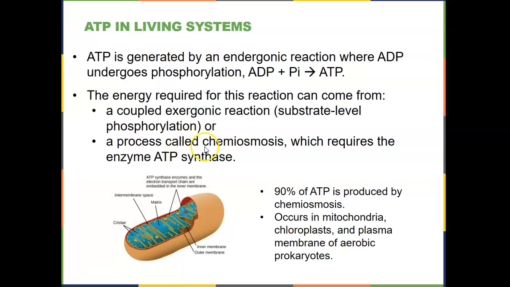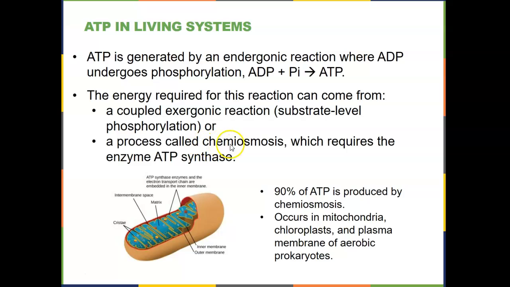Chemiosmosis is another way in which ATP is regenerated in cellular respiration, and that is unique to the mitochondrion and to those single-celled prokaryotic bacterial cells of which the mitochondria is a distant relative.